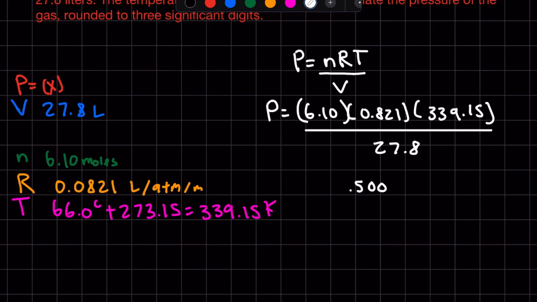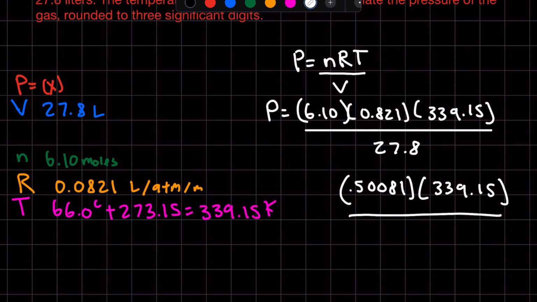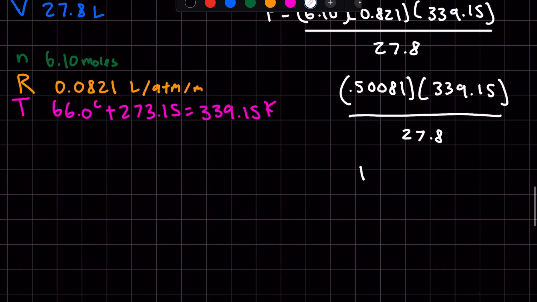So we're going to do 0.50081, and we're going to times that by our 339.15. Let's go ahead and do that really quickly. Times 339.15, and that's going to give us 169.849 divided by our volume, which is 27.8 in liters.